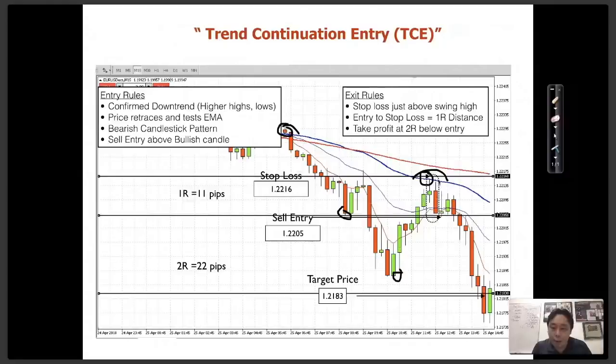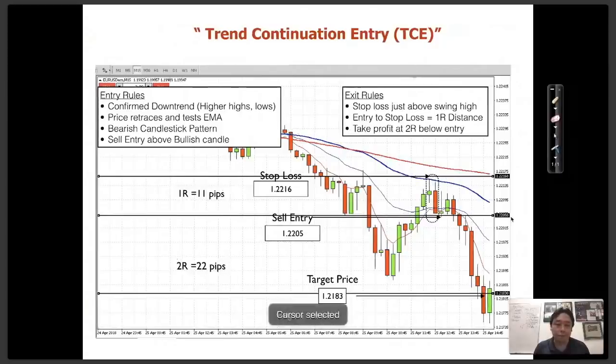Once I see that bearish engulfing pattern, again, I put my sell entry just below the low of the candle, stop loss above the high. In this case, I'm risking 11 pips. So I need to target at least 22 pips in this case. That's my profit target over there. And again, I'm trading on 50-minute candles, so I look for H1 as a confirmation that everything's aligned as well, right? So always align multiple time frames, really important.